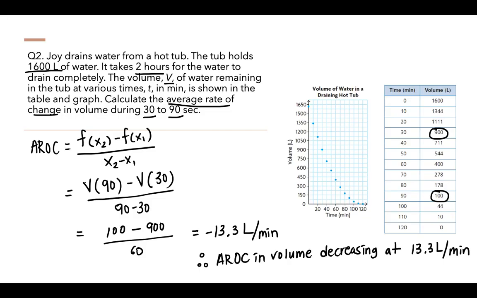When you are using the word decreasing, it is representing this negative here. You never say decreasing negative 13.3. It's one or the other. Because it's a word problem, I expect everyone to use decreasing in place of the negative: at 13.3 liters per minute.